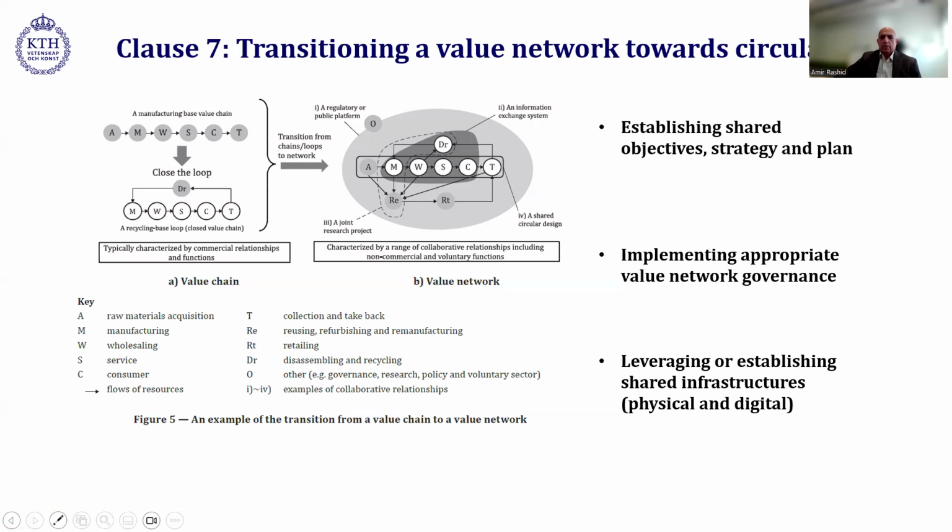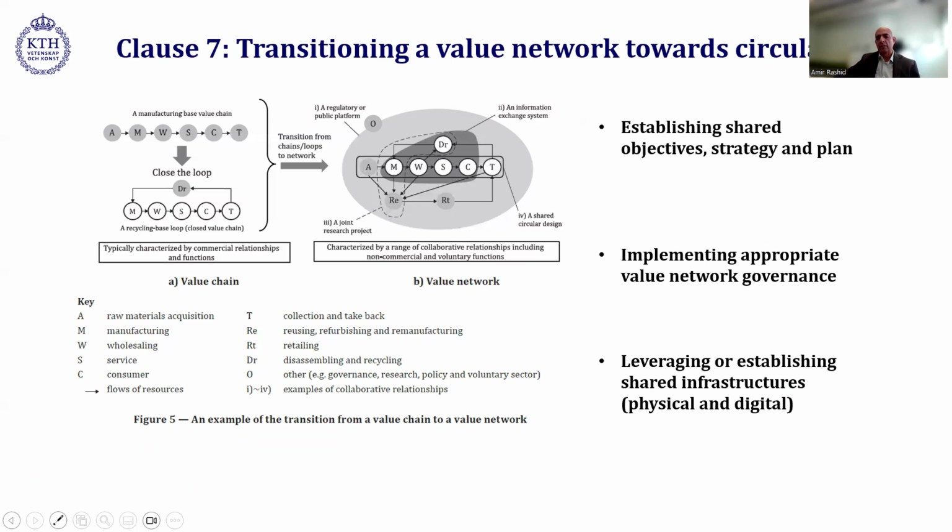And then, of course, they follow the same route, developing, for example, objectives, strategy, and plan. In some cases, maybe a new governance structure, a new governance system, and also then leveraging the infrastructure. Could it be that the networks can share, for example, their physical infrastructures and their digital infrastructures?